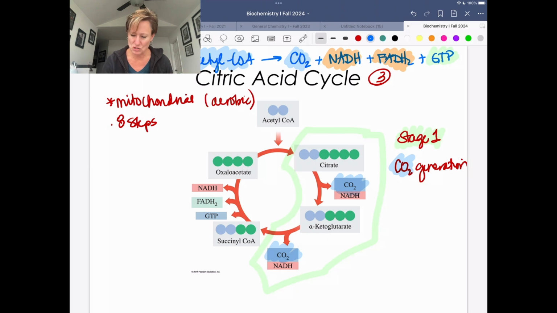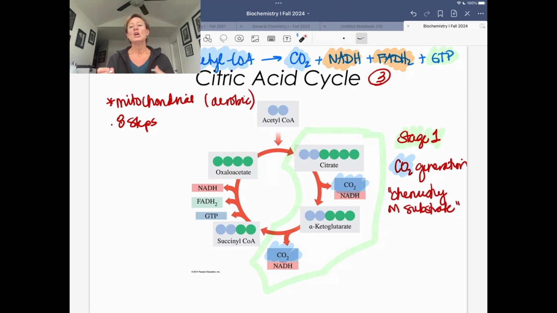So we've done chemistry on the substrate. We've generated our CO2, right? The other thing we're going to think about is that we also have generated a good bit of our alternative energy, that NADH that we have here.